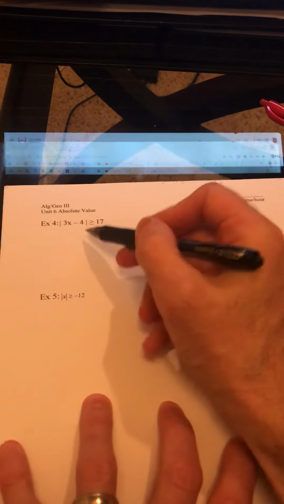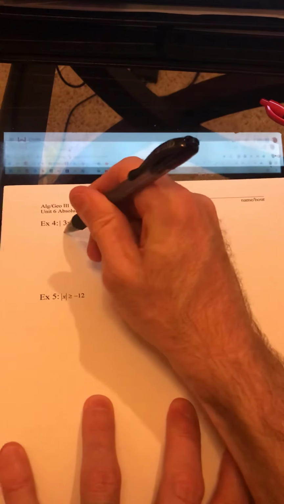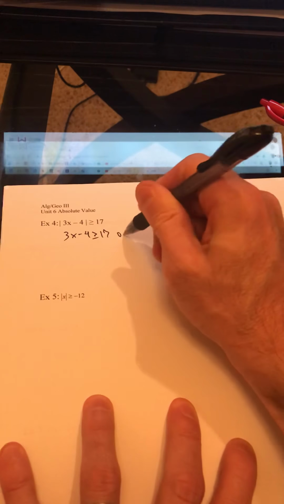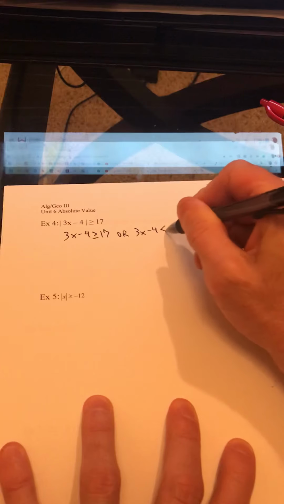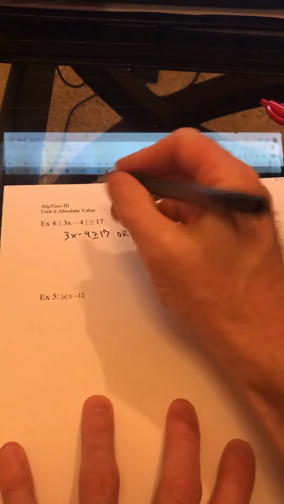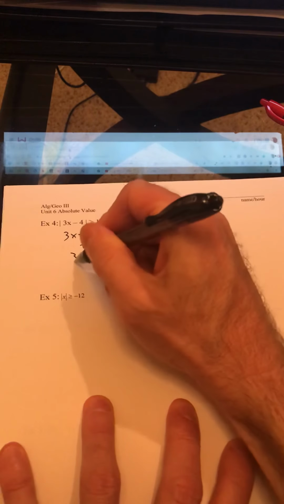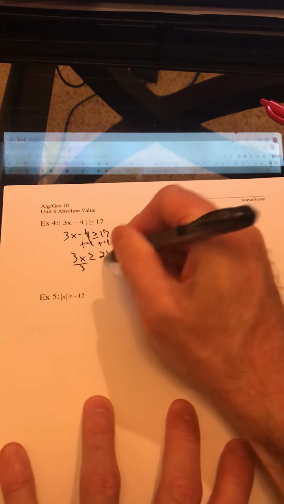Absolute value 3x minus 4 is greater than or equal to 17. Well, once again, I am going to set up my two inequalities. Greater than or equal to 17, less than or equal to negative 17. Add the 4 first, and divide.